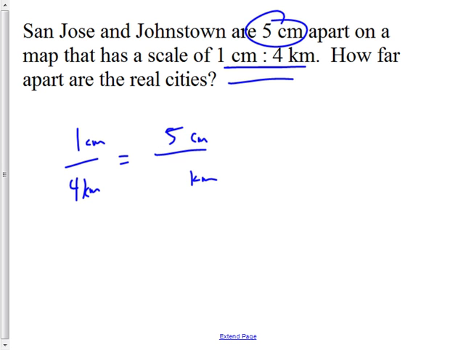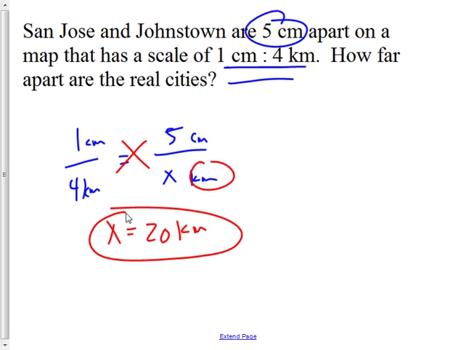And so I have 5 centimeters and x kilometers is what we're looking for. So cross multiply, and I get x is equal to 20. Again, here's my label, 20 kilometers. That's how far those two cities are apart in real life using this scale and this information.